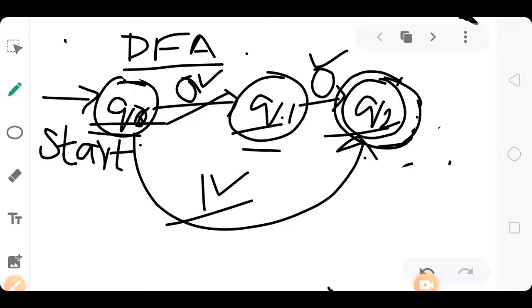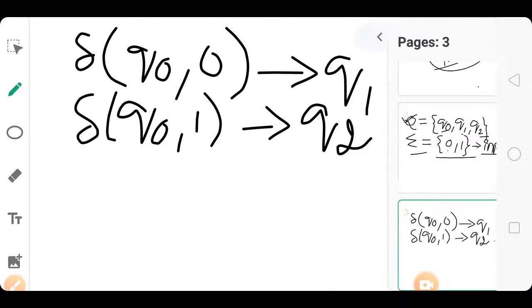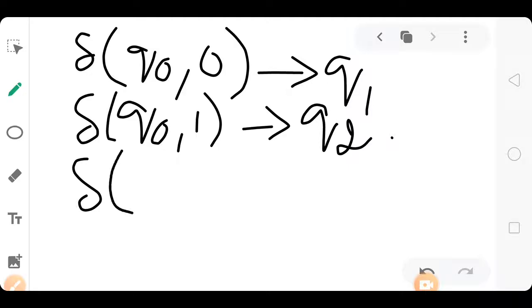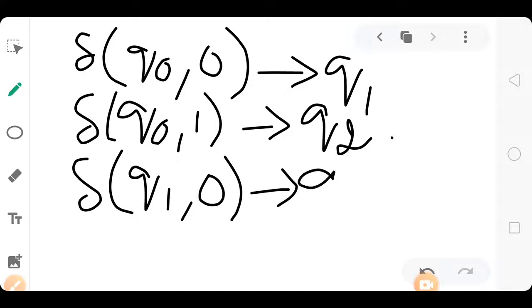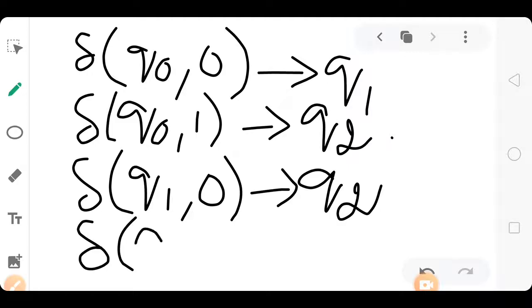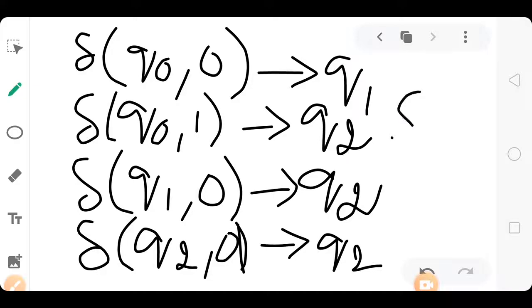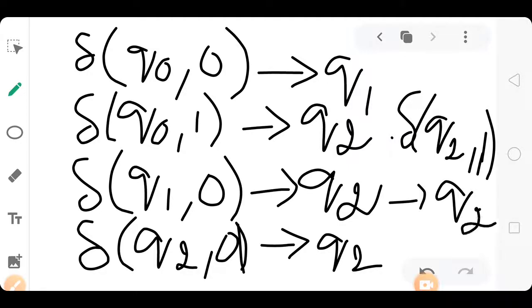So Q0 is over and we move to Q1: delta Q1 comma 0 is Q2. Taking the self loop on Q2, delta Q2 comma 0 is Q2, and in the same way delta Q2 comma 1 is also Q2. These are the transition functions for the given DFA.